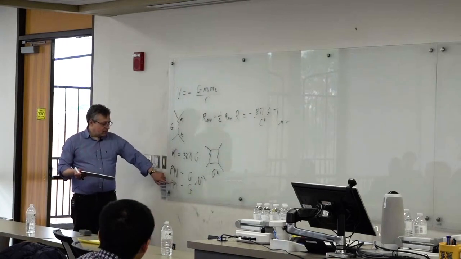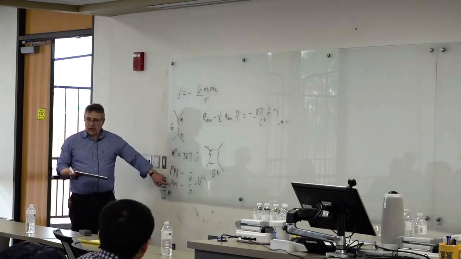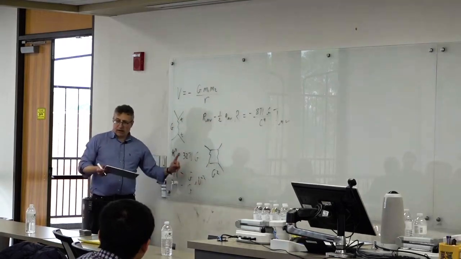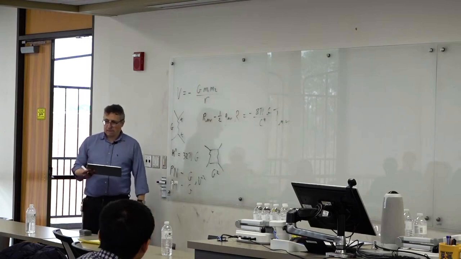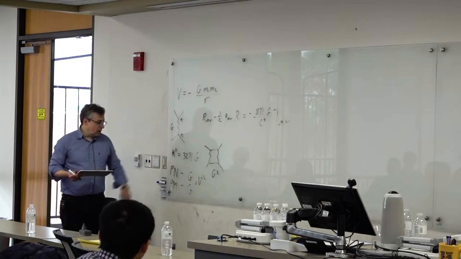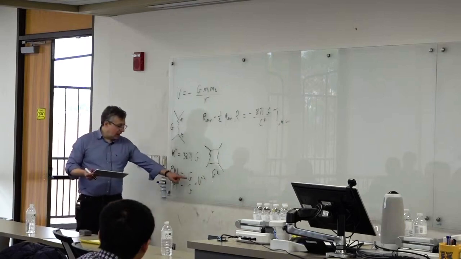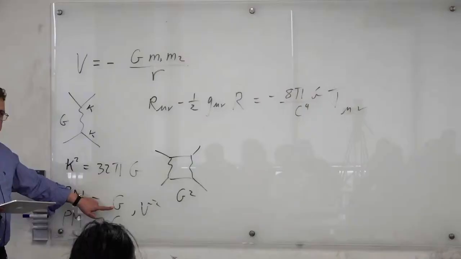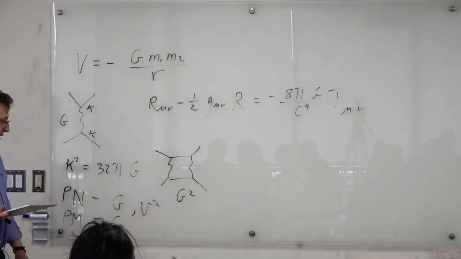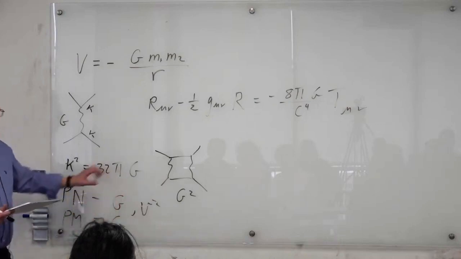Now, the way this is related is you can take any result here and series expand to the proper order in velocity, then the two should be identical. Now, the post-Newtonian, you could say, is ahead of us in powers of G because the velocity expansion helps you calculate. But these two travel together.